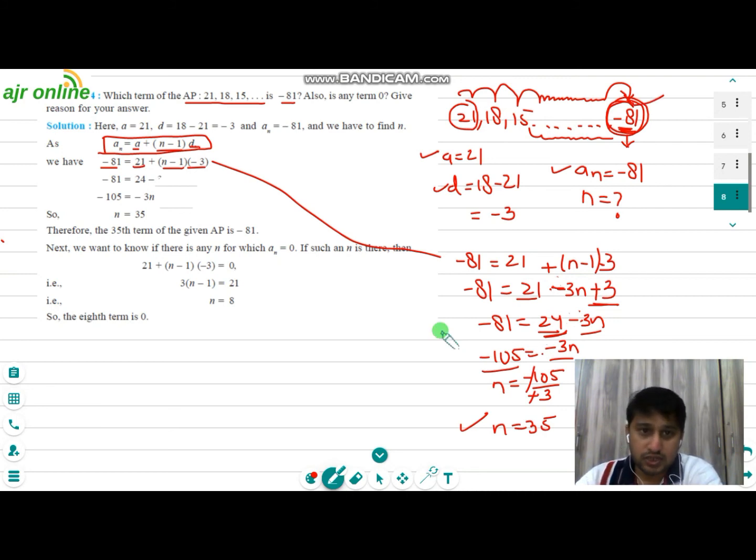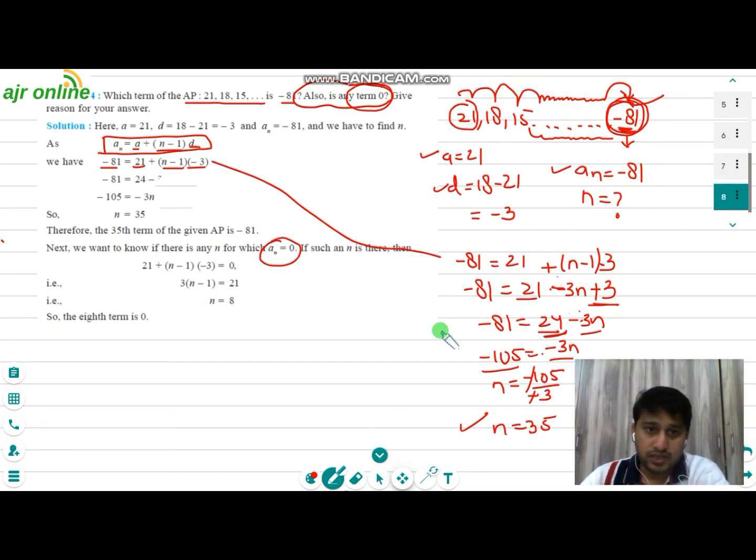Now another question is asked: is any term 0? It has been asked over here that in this AP, if there is any term which is 0, it means that we have to take an as 0 and we have to find n.